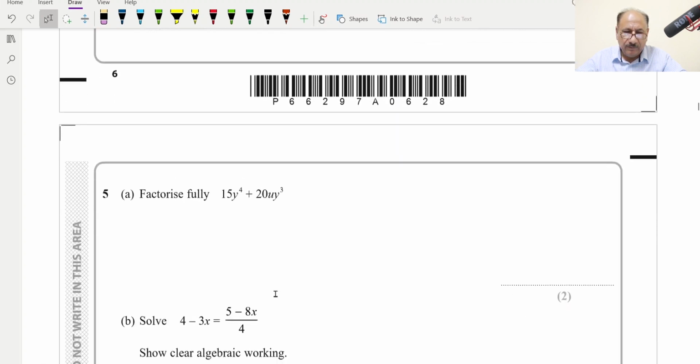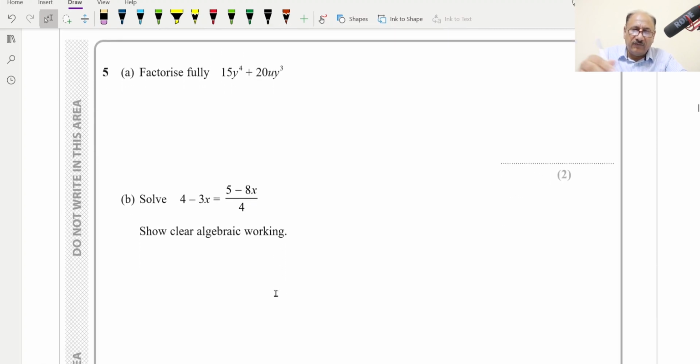Next is question number 5. Factorize fully. So we have to factorize this expression. We'll have to check what is common. So we will have to take maximum common, and for maximum common we will check. We can take 5 because 15 and 20, and y cube also we can take common.